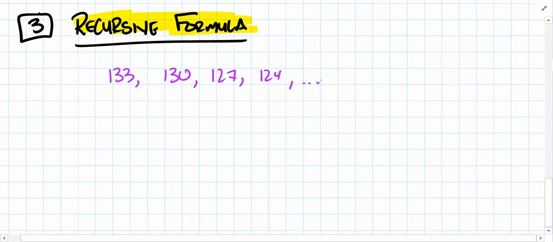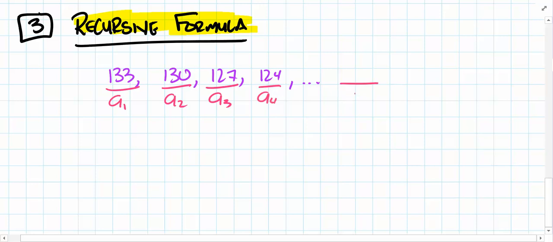Okay? All right. So if you were to describe this, I've heard people saying you're subtracting 3 and so on and so forth. Notice that I have not defined for you an explicit formula, right? In the sense of that, I have not done this. This is the very first term. This is the very second term. That's the third term. That's the fourth term. So I don't have this.